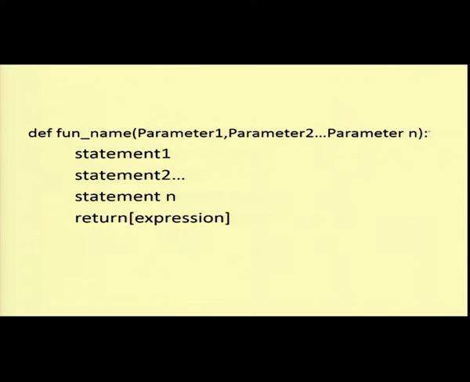After giving a colon, when you press enter, it will automatically indent to the first statement: statement 1, statement 2, statement 3 up to statement n. Then you can close the function with a return and an expression, and the return statement is not mandatory. So this is the schema of a function.